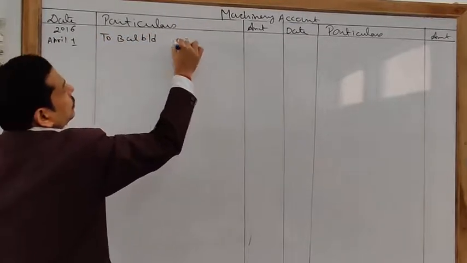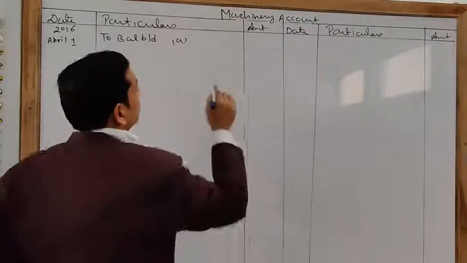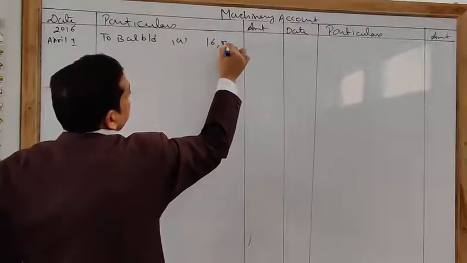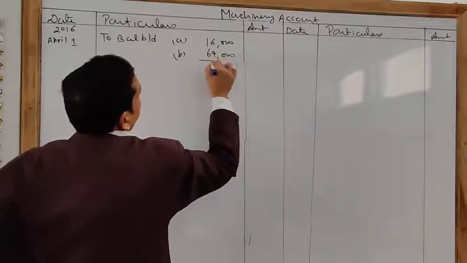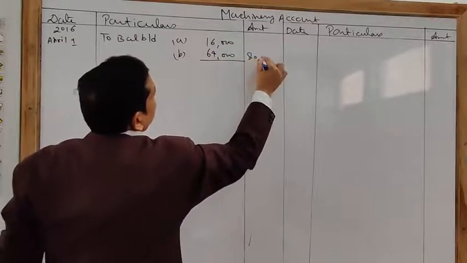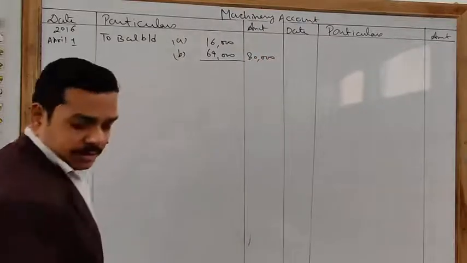As I told you, the machine which you are going to sell, write it as A and the remaining balance shall be written as B, 64,000. So total of machinery account is 80,000.